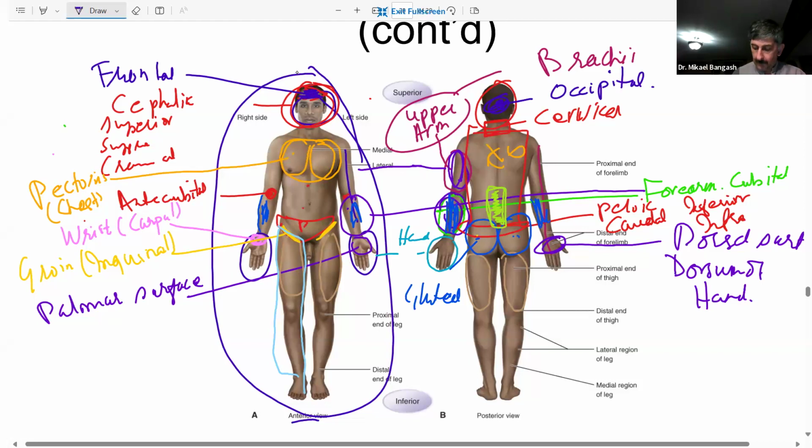I think I already defined palmar versus dorsal of the hand.